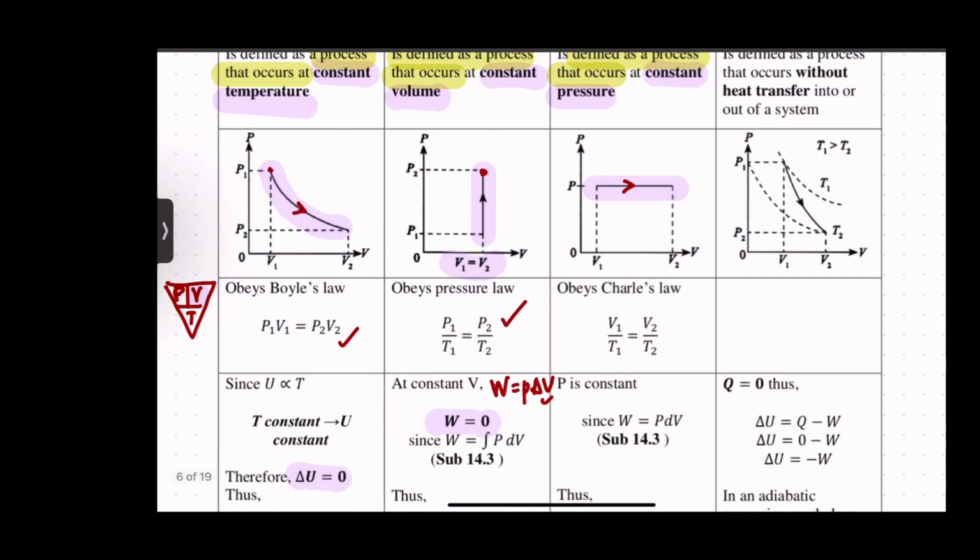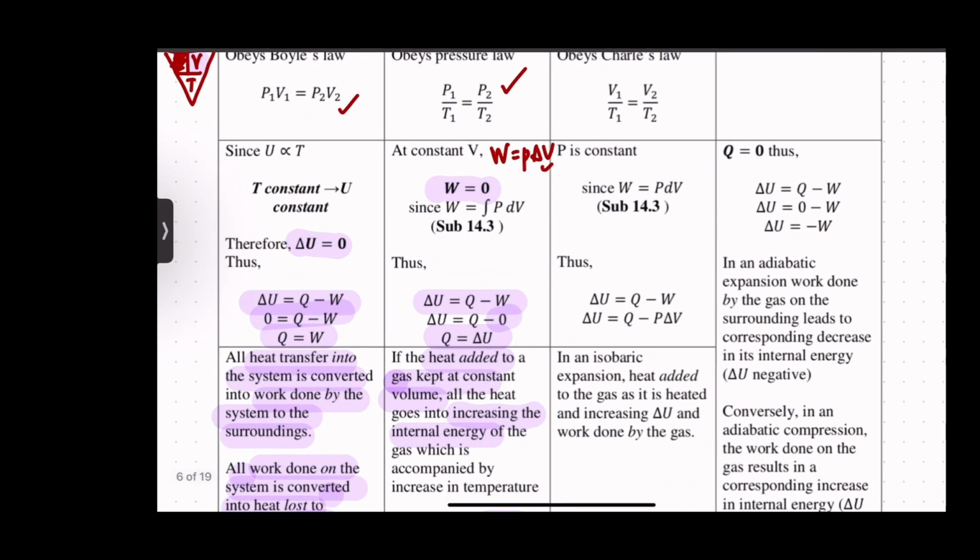So, dia akan obey Charles law. Kenapa Charles law? Because pressure constant. So, bila pressure constant, maka equation kita akan jadi V1 over T1 is equal to V2 over T2. So, mungkin awak nak cari satu nilai kat sini, awak boleh gunalah Charles law. Okay, since P is constant, so work is equal to PdV.